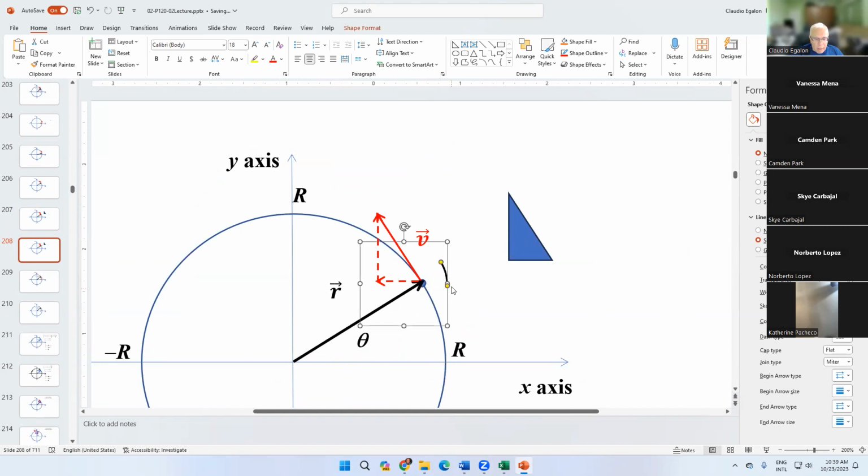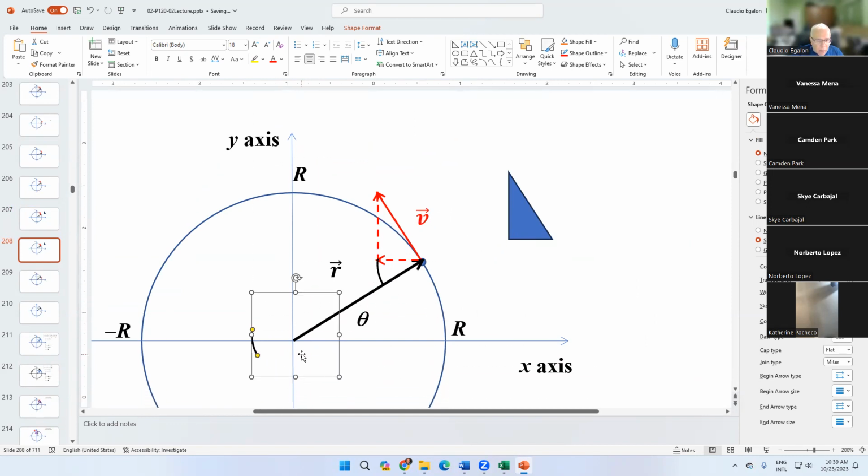Okay, and then let's see. Let me get this guy right here, so I have everything lined up perfectly. This one must be theta as well. Oh, okay. The z, right? The little z. Oh man, I erased it. Oh gosh, I hate that. Put it back there. Here you go.